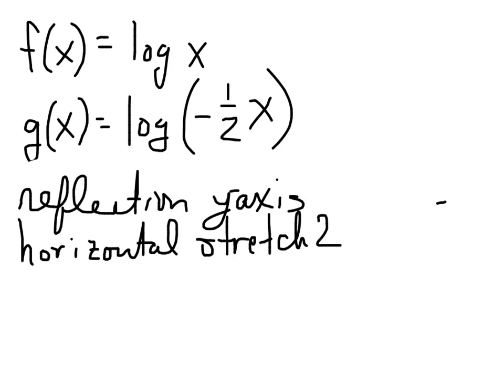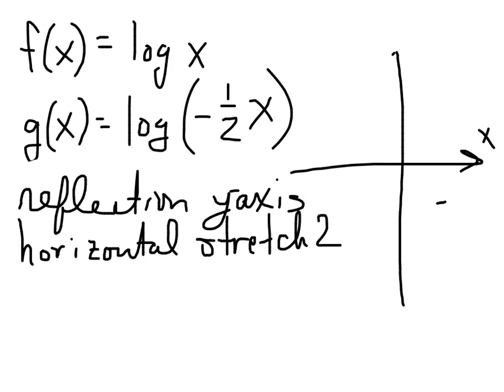Awesome. Now, as far as how to graph that. Again, they're going to want you to graph both of them, the parent and the new one. Remember we talked about log the other day, how log looked like this, right? Now, according to the transformations that you guys told me, we're going to reflect it over the y-axis.